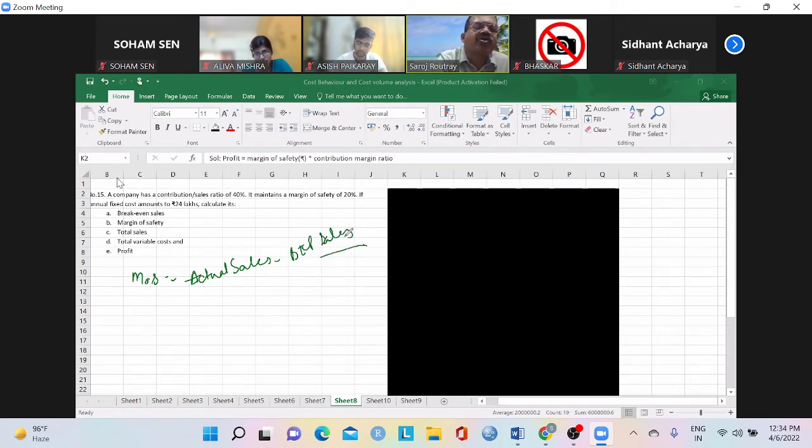It can be in rupees as well as in units. If you take units, you have to take unit sales and BEP unit sales. There is another term called margin of safety ratio, just as we have contribution margin ratio. That is margin of safety divided by sales.